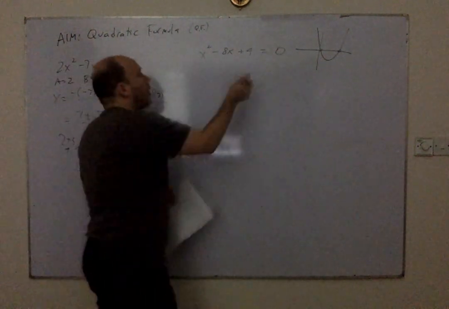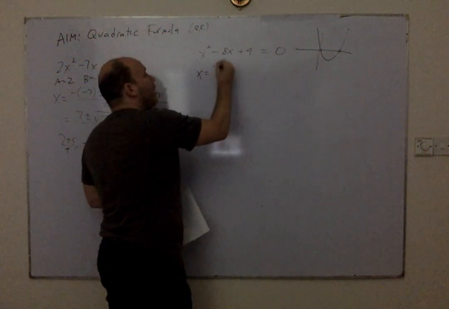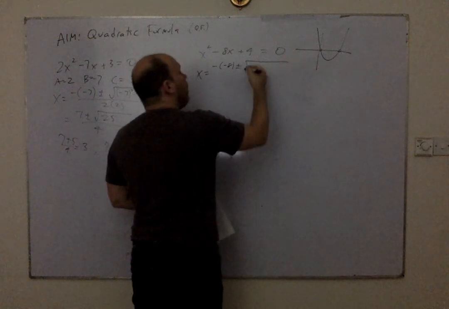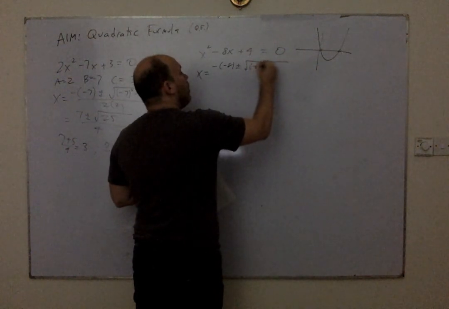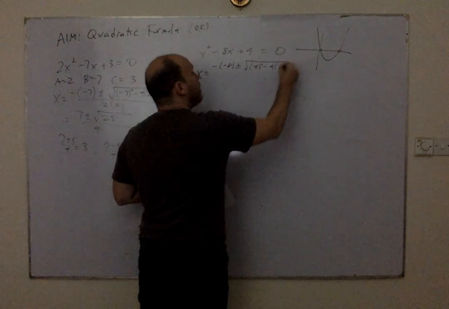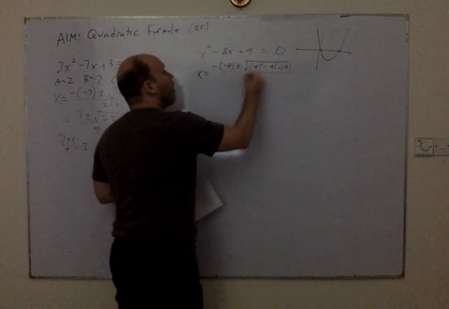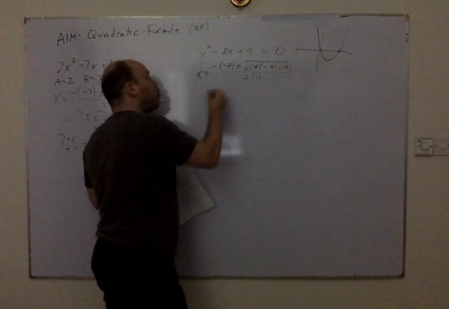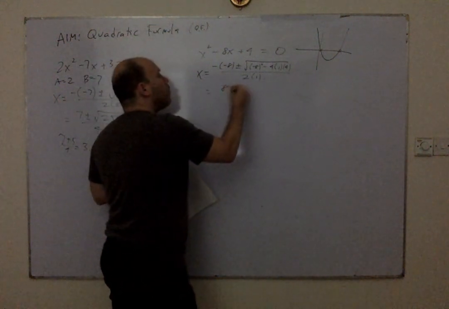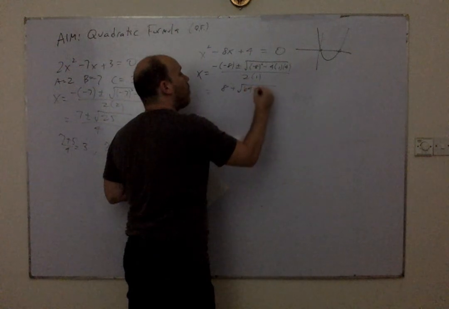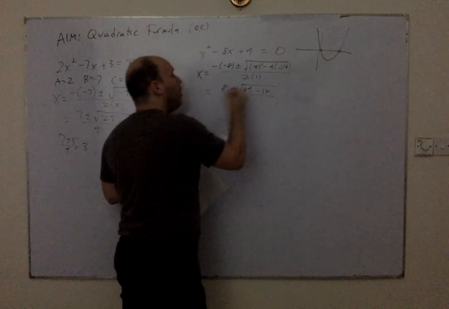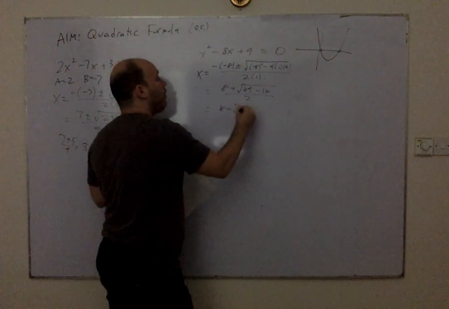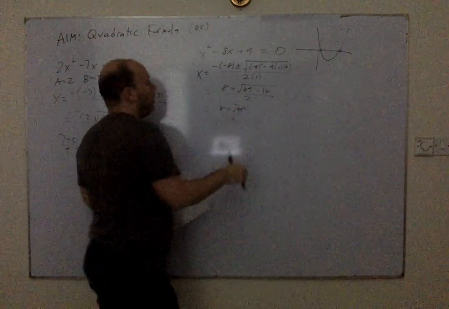So let's see what's going on here. X equals negative 8 plus or minus the square root of b squared minus 4ac all over 2a. So we have 8 plus or minus the square root of 64 minus 16 over 2, which is 8 plus or minus the square root of 48 over 2.